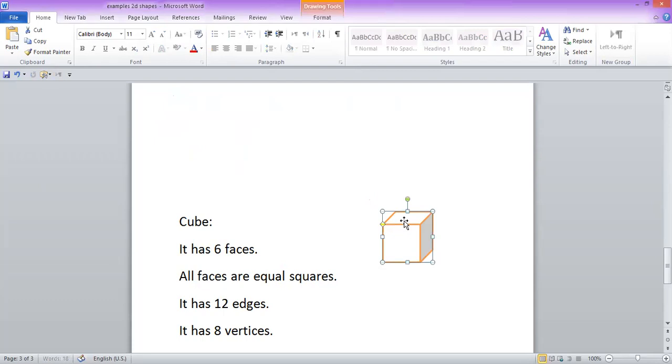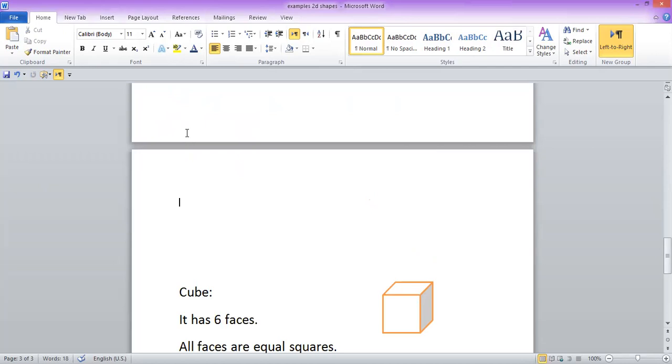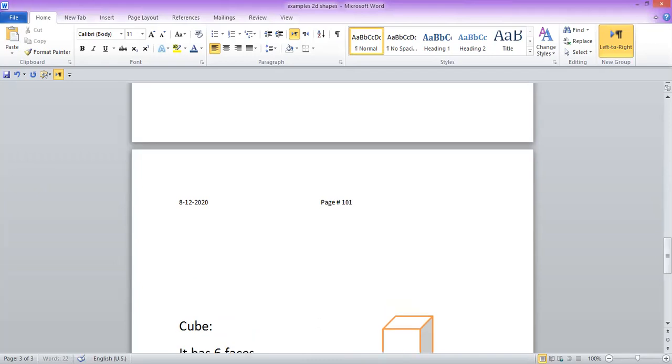Write this in your notebook. On the top of the page, guys, write the heading. This is 8/12/2020, and we are studying shapes, which is on page number 101. Page number 101, and the topic is shapes.